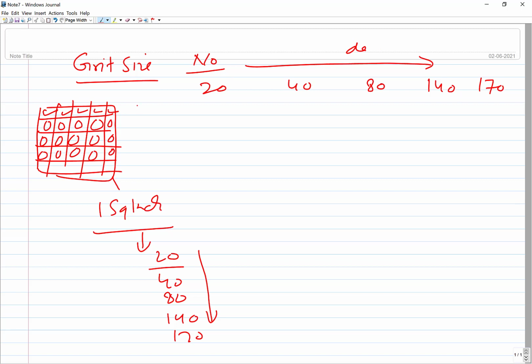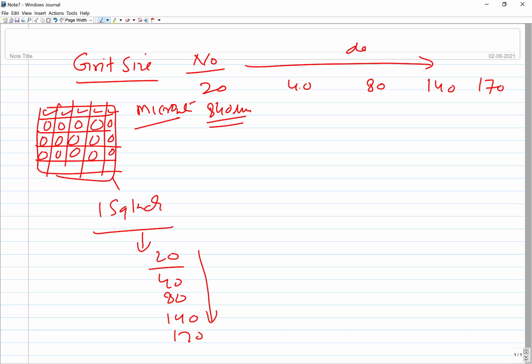I will write here in micrometers: grit size 20 means 840 micrometer.